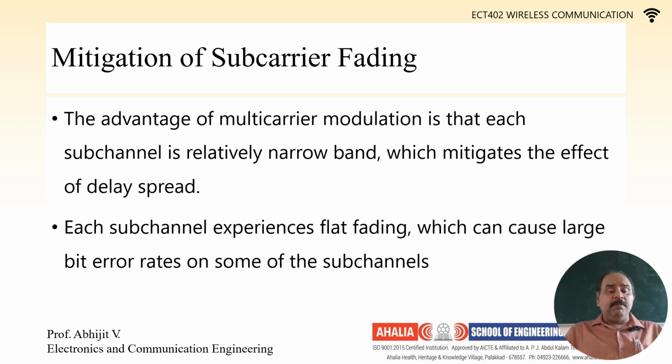The advantage of multicarrier modulation is that each subchannel is relatively narrow band, which mitigates the effect of delay spread. Each subchannel experiences flat fading, which can cause large bit error rates on some subchannels.